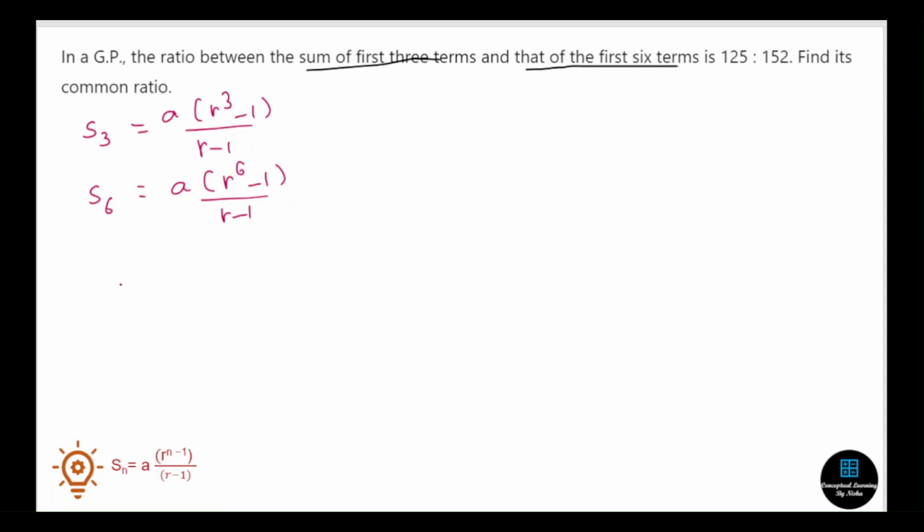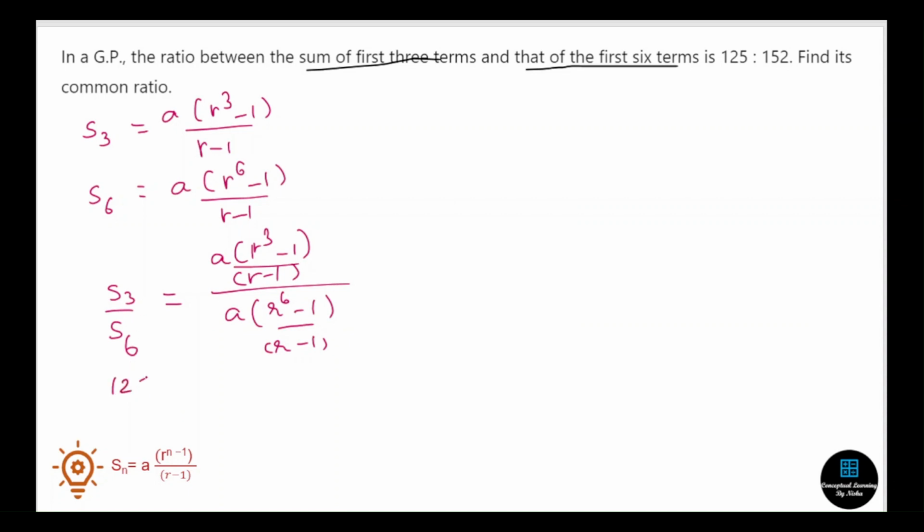So we'll take the ratio S3 to S6, and when I write this, what do we get? a into r raised to 3 minus 1 upon r minus 1, over a into r raised to 6 minus 1 upon r minus 1, and we can cancel out r minus 1 and a from here, and by simplifying, now this ratio is given as 125 upon 152.